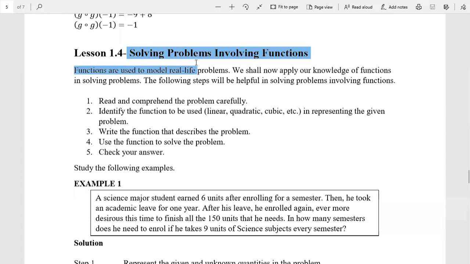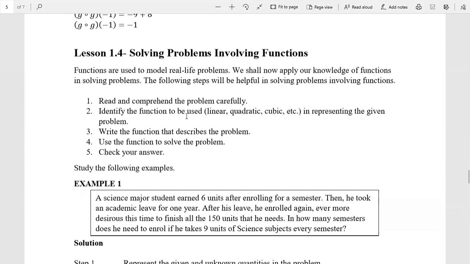Okay, next. Solving problems involving functions. Functions are used to model real-life problems. So we shall now apply our knowledge of functions in solving problems. The following steps will be helpful. First, read and comprehend the problem carefully.